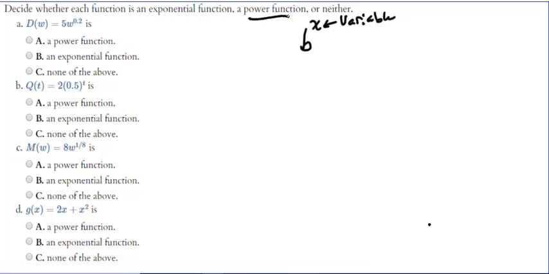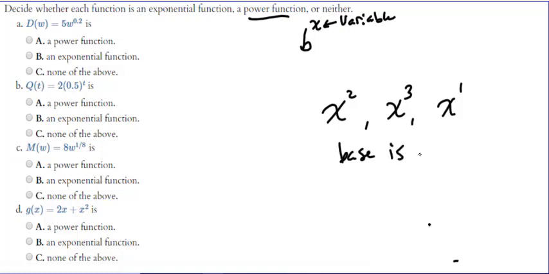Now, a power function is this: x cubed, x squared, x to the first. The base is the variable, okay? And if you don't see that, then it's neither.